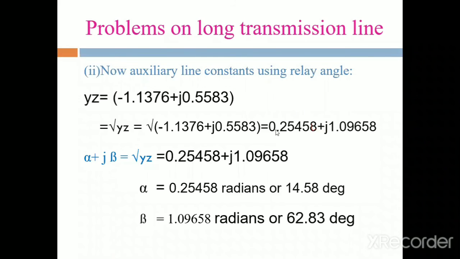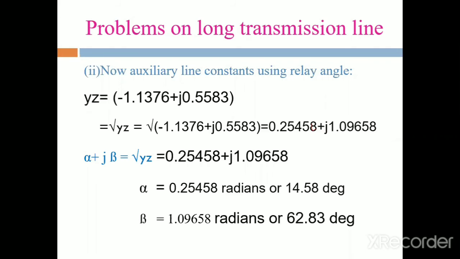Okay, where alpha is equal to 0.25458 and beta is equal to 1.09648. Okay, this is the value for alpha and beta, that will be in the form of radians.